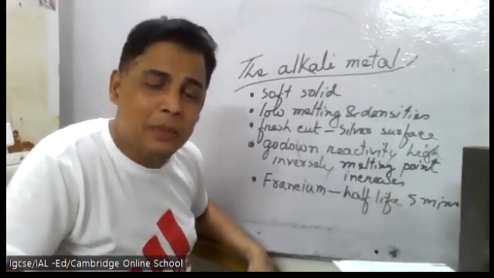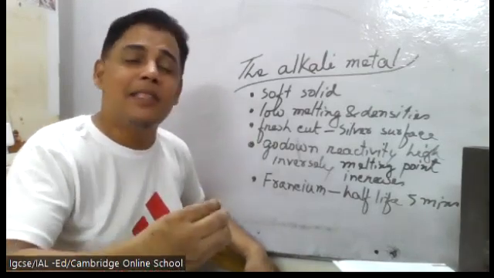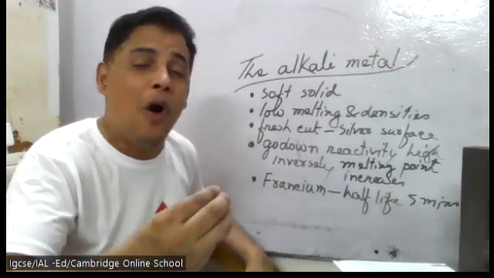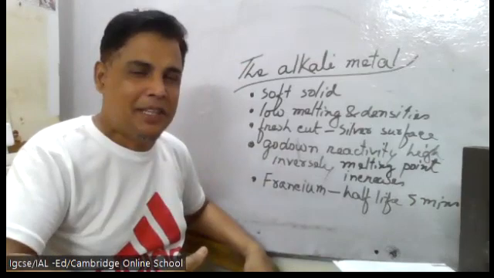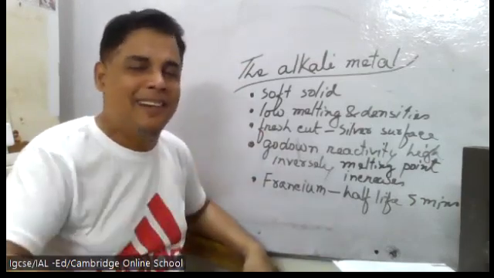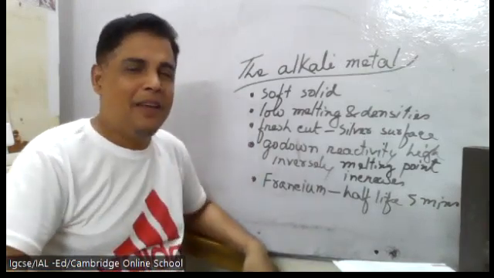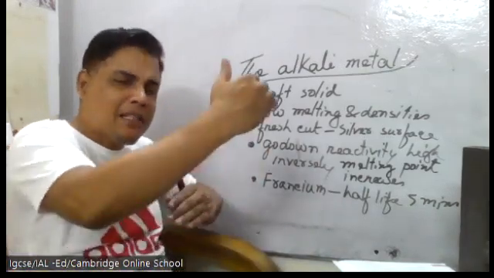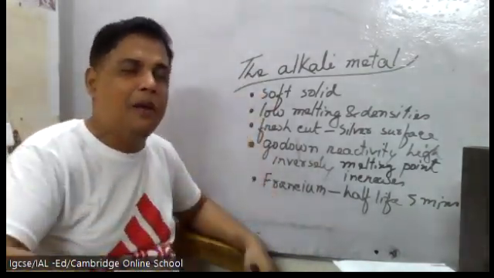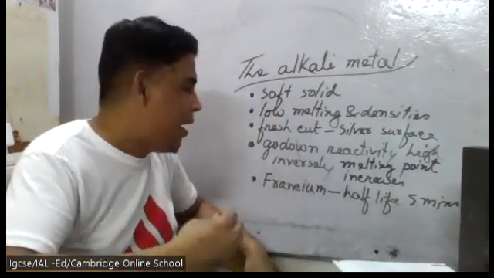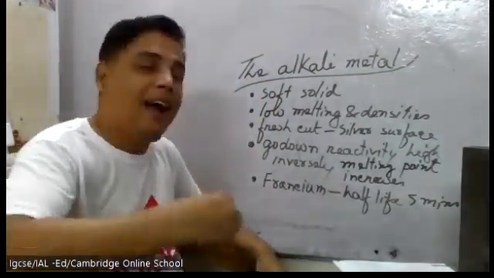As francium is the most reactive, francium cannot exist in this world for even 5 minutes. Its half-life is very short because it is the most reactive. Interesting matter: as these become more reactive, their melting point is also lower.